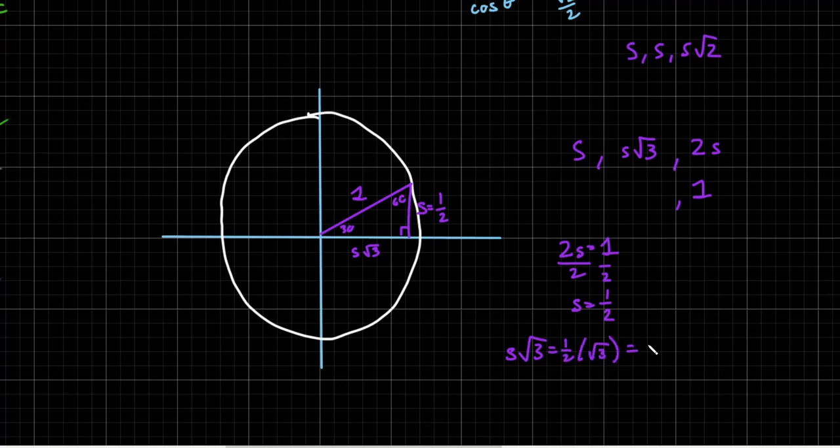What would that equal? Square root of 3 divided by 2. Yep, we're just putting it all together into 1. So this side over here is square root of 3 divided by 2.